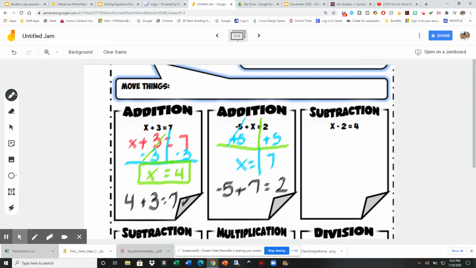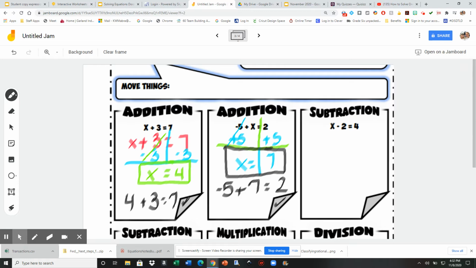If this is true, then we know that x will have a value of positive 7. So if I take negative 5 plus 7, do I get a positive 2? Yes, I do. So my answer here is x is equal to 7.